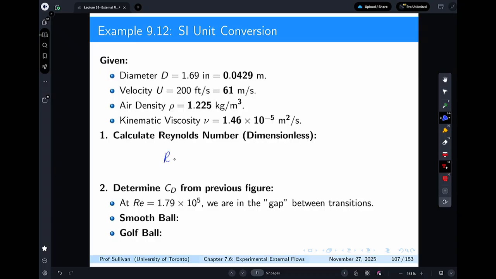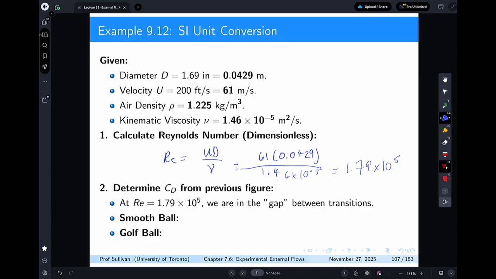The Reynolds number is equal to U d over nu, 61 times 0.0429 over 1.46 times 10 to the minus 5. So 1.79 times 10 to the 5th, which is below the smooth value for a sphere, but it's above the value for a golf ball.